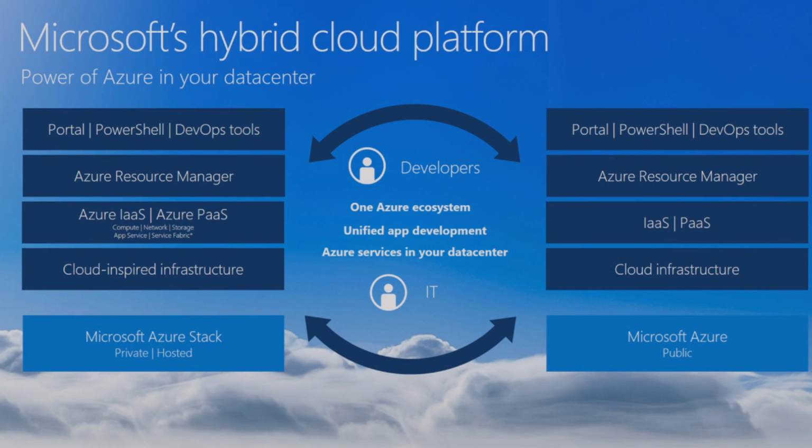So I'll start with a slide that was used by Mark Russinovich and Jeffrey Snover in their session, where they talked about what it really means to put the power of Azure in your data center, right? If you look at the right-hand side of this picture, it talks about Microsoft Azure, right? We've got 34 regions across the globe.